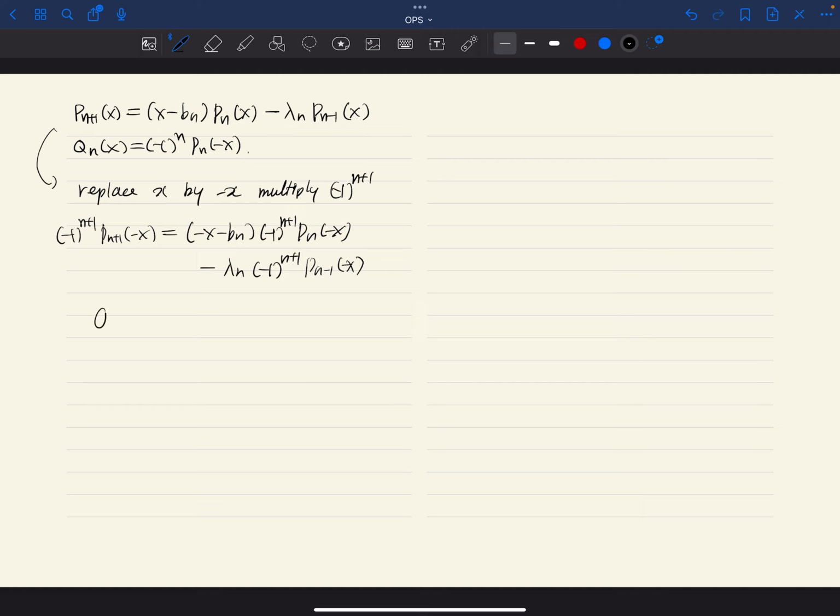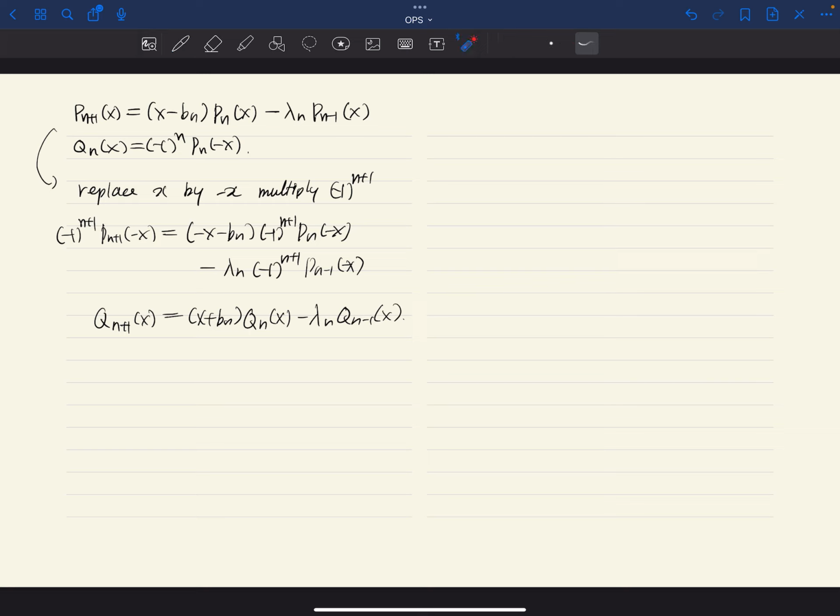But this is nothing but q_{n+1}(x) equals, you can cancel this minus sign here with this, (x + b_n) q_n, and you can replace this by n minus 1, so it's λ_n q_{n−1}.